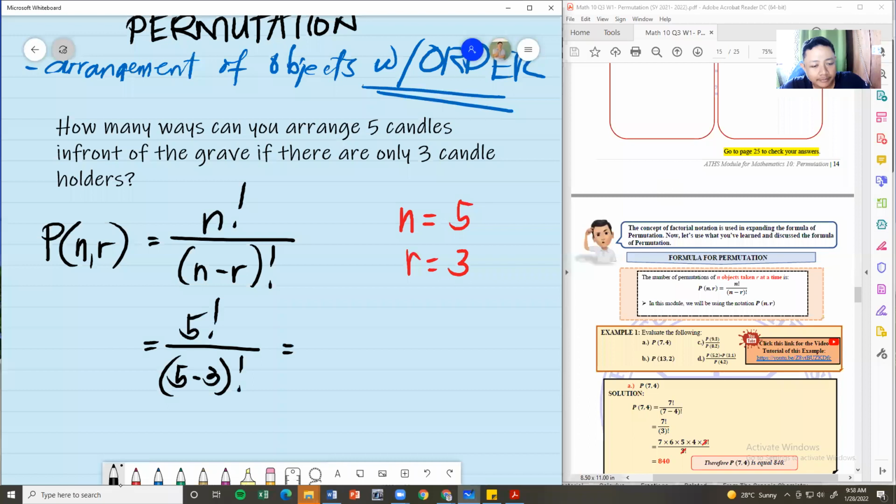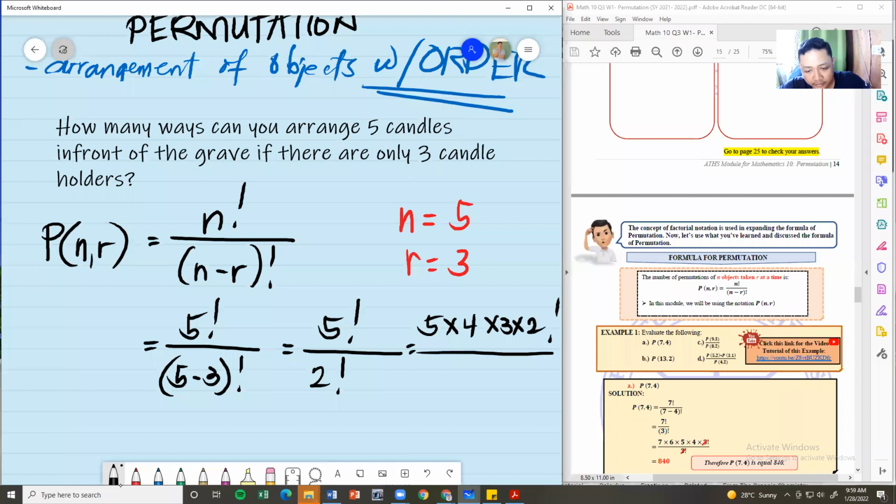So this will become 5 factorial over 5 minus 3, that's 2 factorial. And this will end up with 5 times 4 times 3 times 2 factorial over 2 factorial. Just showing you the solution.